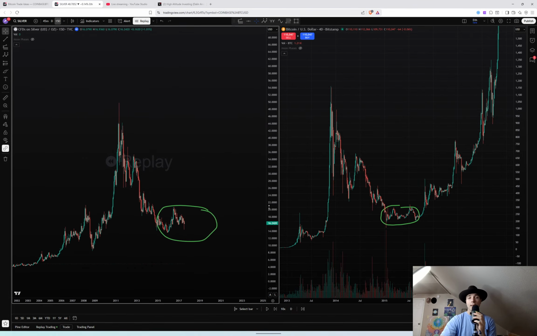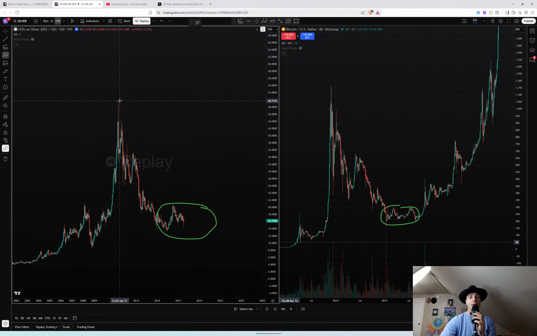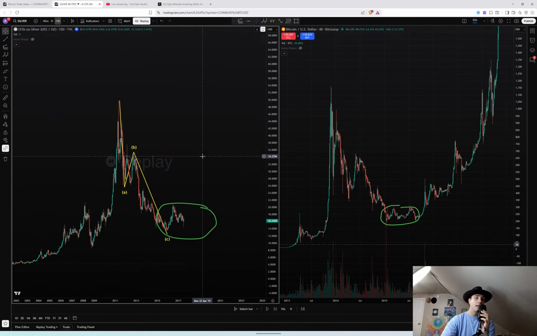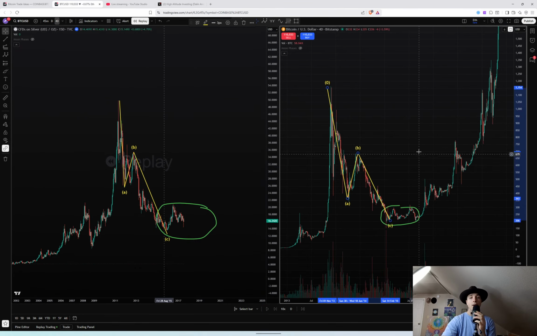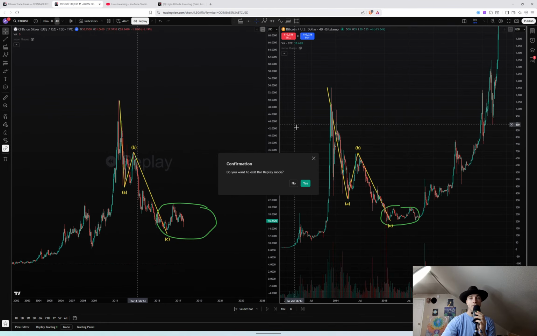When I first started looking at this, I was bullish on silver because of an ABC correction down here in 2017. Looking at it, comparing it to Bitcoin, saying, hey, this looks exactly like when I first got into Bitcoin, when Bitcoin was worth $180. This is the same story all over again.